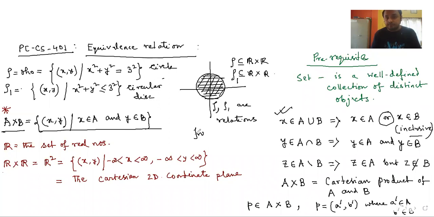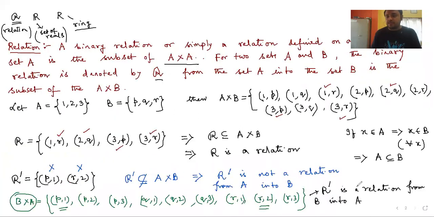They are relations from R into R, because here the set capital A and set capital B are the same, equal to R. You can say that rho is a relation from R into R, or you can say that rho is a relation defined on R. Okay, so this is all about relation. Our topic is about equivalence relation. Obviously, equivalence relation is a special type of relation. So let us try to find out what that is. What is equivalence relation?